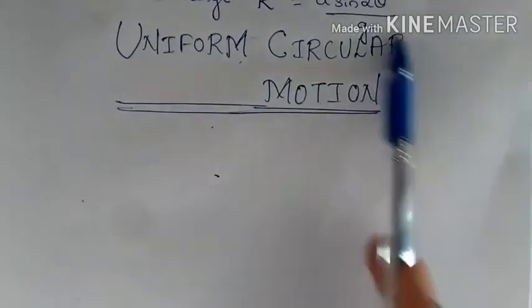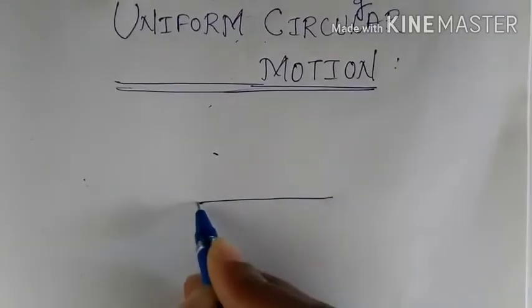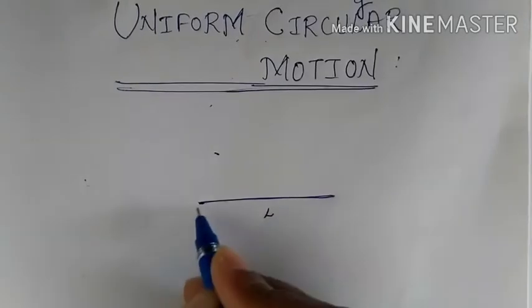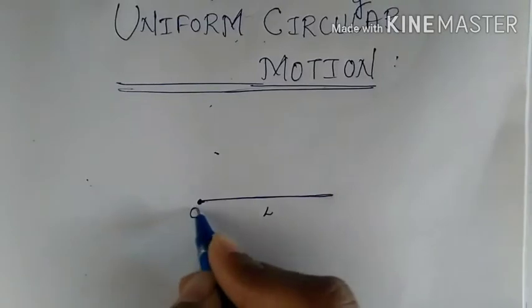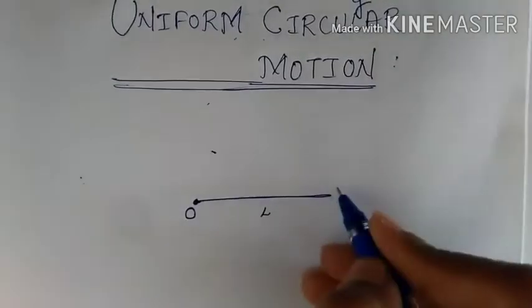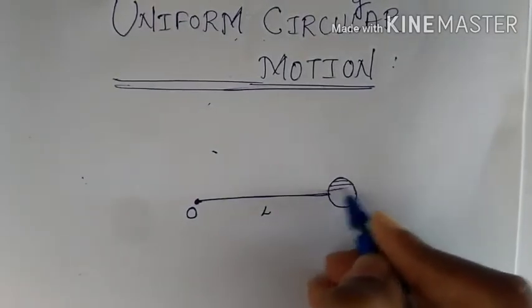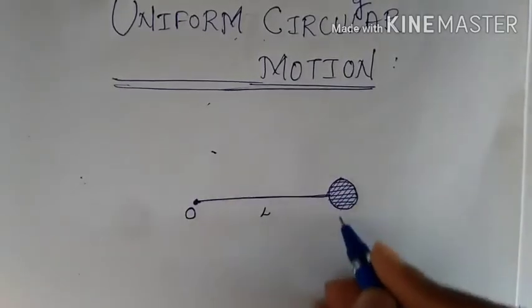Now what is uniform circular motion? You might already know circular motion. Let's suppose you have a thread which has a length of L. You hold this thread at point O, and you have tied a ball of mass m to it.